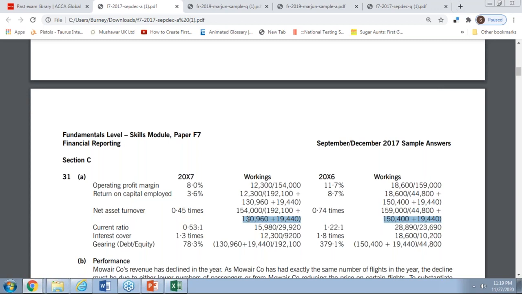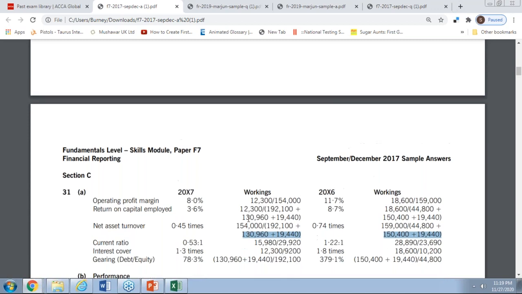Is that clear to all of you? Okay. But the first line that you should start with, always start with the revenue. So first you have to write the revenue of the business has declined over the period from 159,000 to 154,000 over the year.